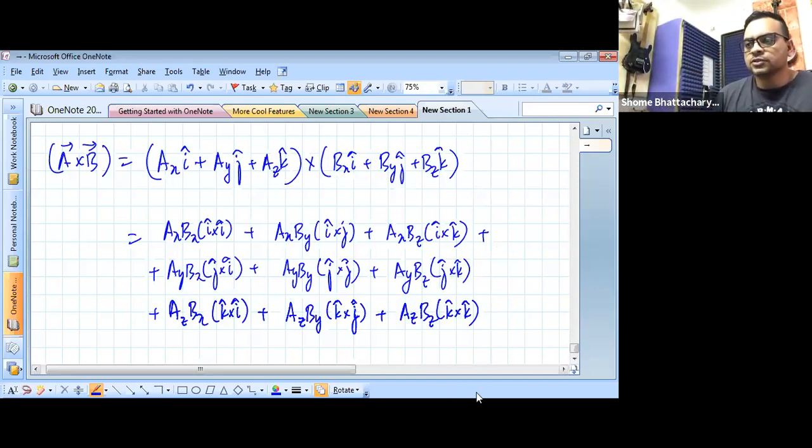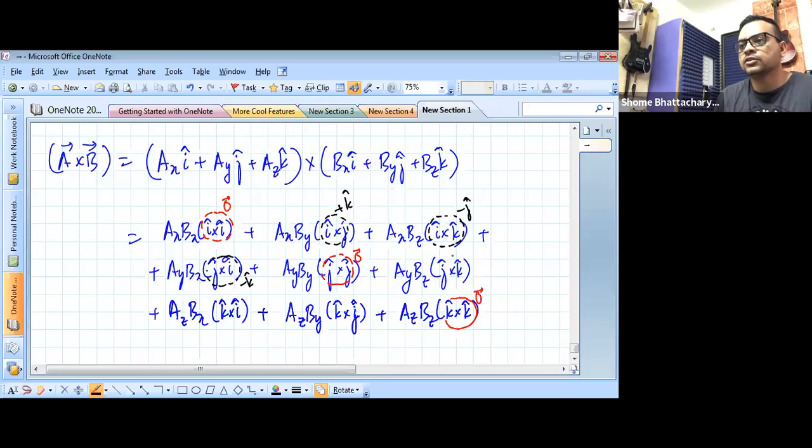Okay, people, so hope this is clear so far. Now see what will happen here. These terms, this one will be 0, this one will be 0, and this term will be 0. Whereas using the other relations, i cross j is plus k. But j cross i will give us minus k. Then i cross k will give us minus j.